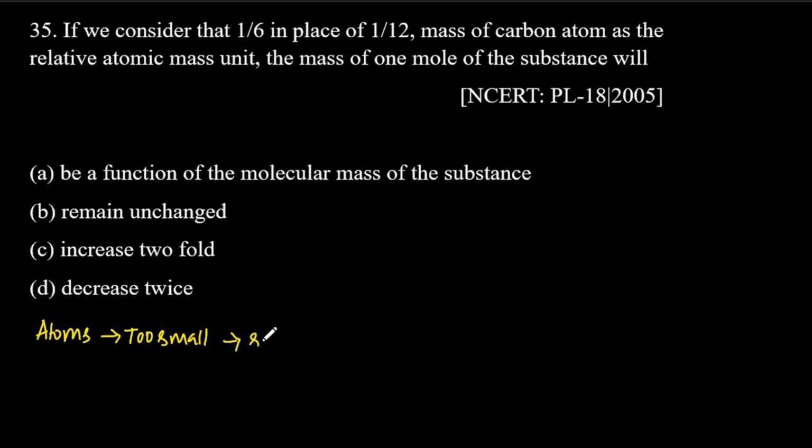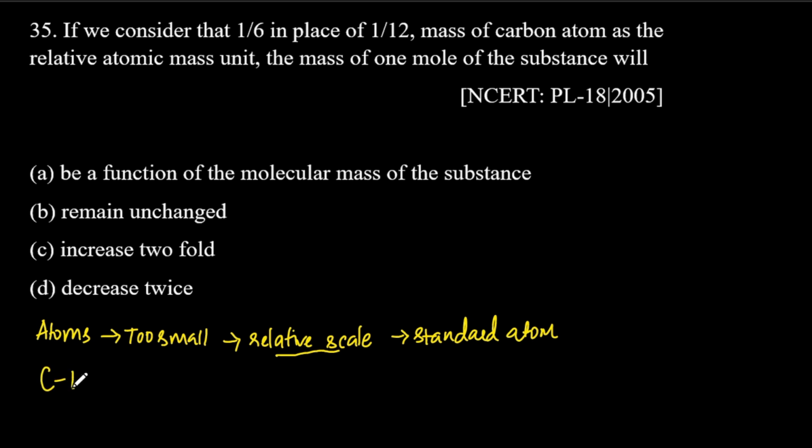So that we are having a relative scale based on a standard atom. So the use of this relative scale is to convert the absolute mass of the atom into some relative scale with the standard atom. So in this relative atomic mass, the absolute mass, that is the original mass of the atom, will not change.